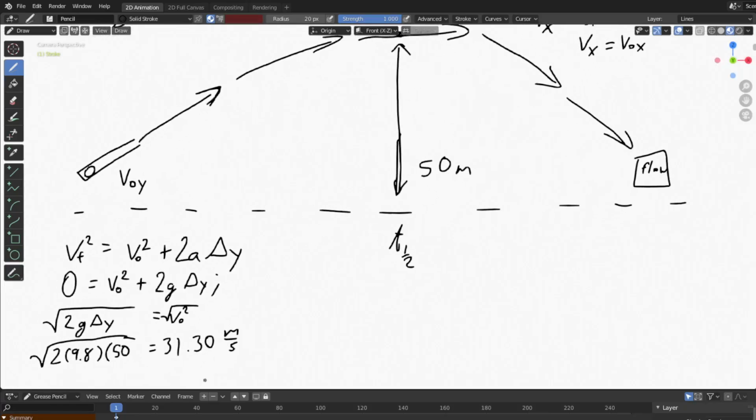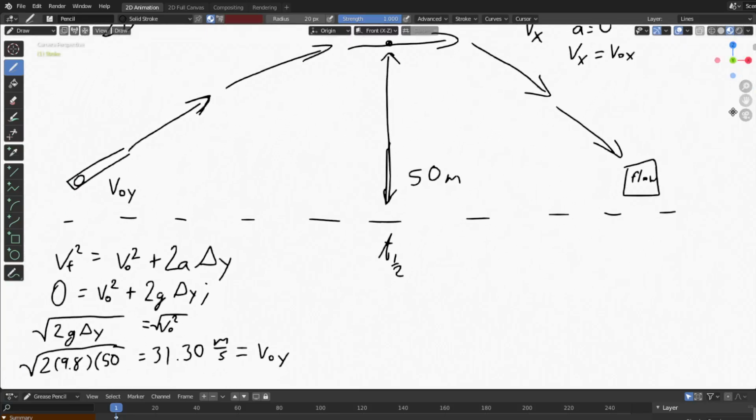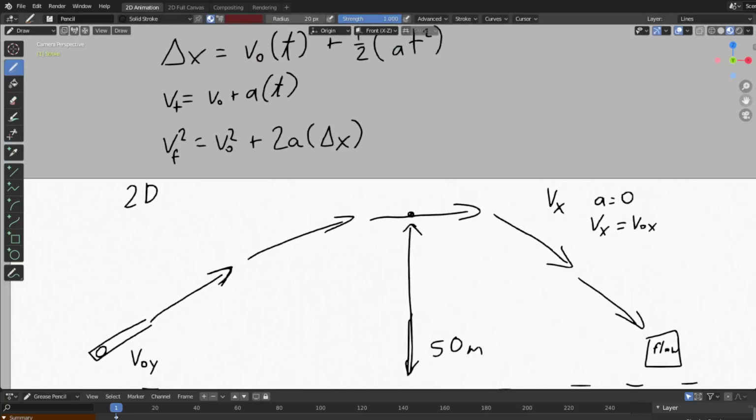So say that equals V naught y. And then the thing is to actually find out, well, no, we can do more calculations, actually. So now we're going to start caring about time.